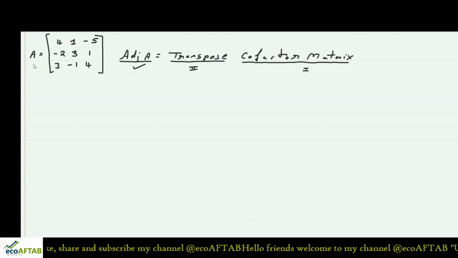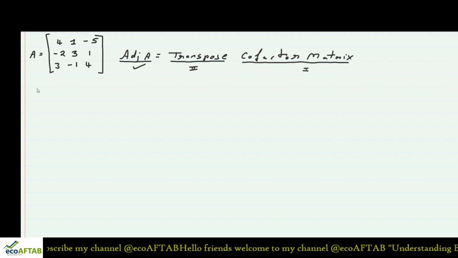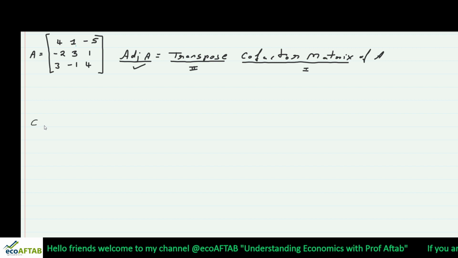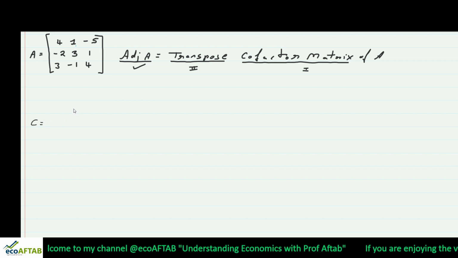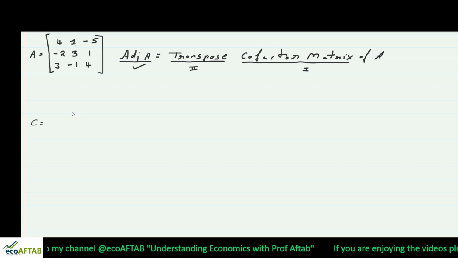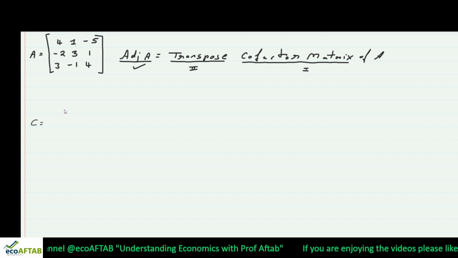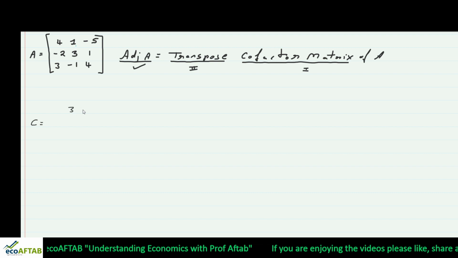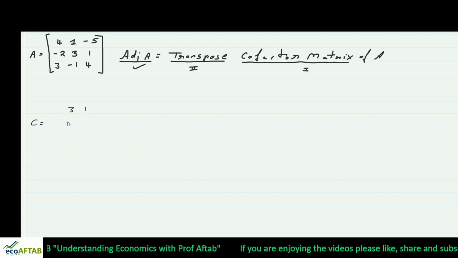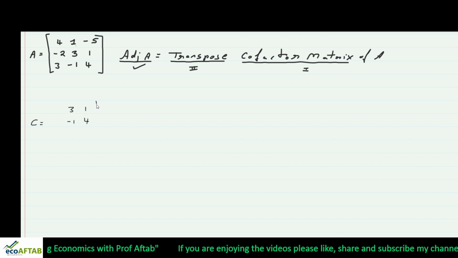So for the same matrix which is over here, we need to find the cofactor matrix of A. So the cofactor matrix of A, C, is equal to, I will take the minor of all the elements in the matrix A. For this, you can refer to my previous video where I told you how to find the adjoint.